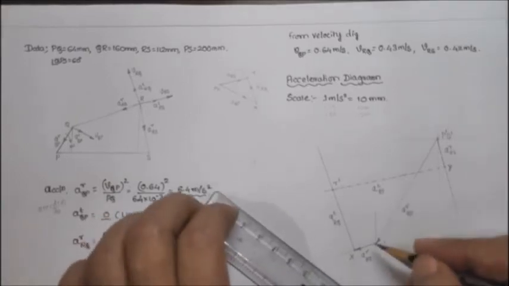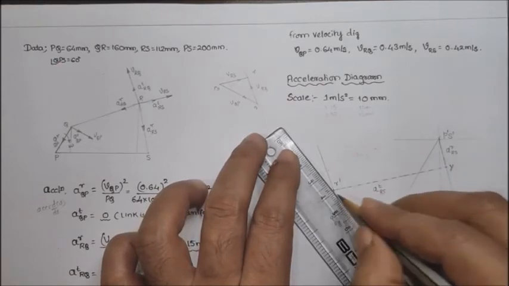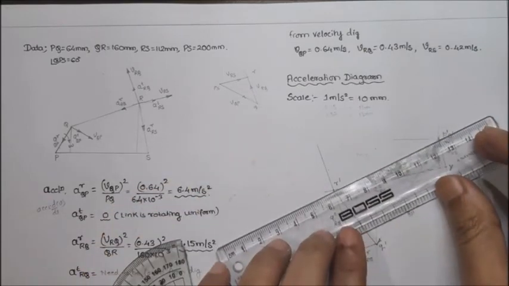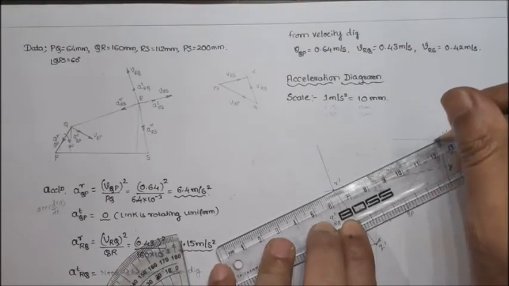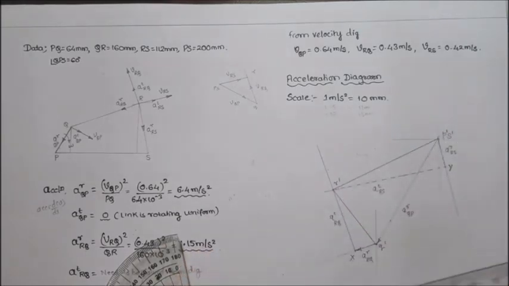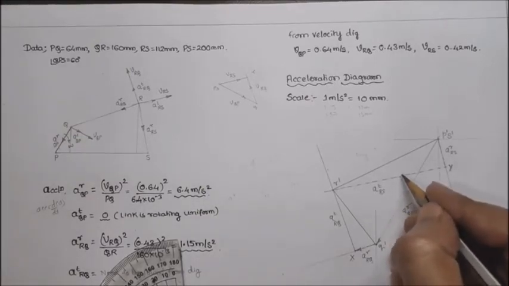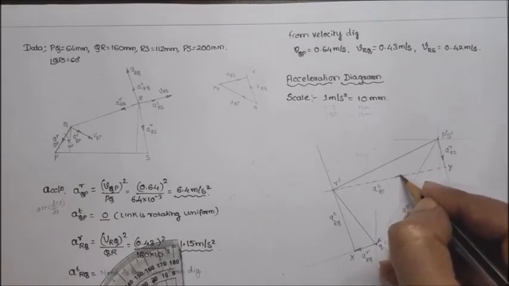So from Q dash, draw a vector. Similarly, from P dash, draw a vector. So these are our components, and now you can give the directions.